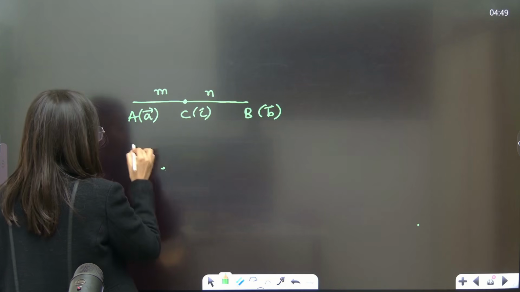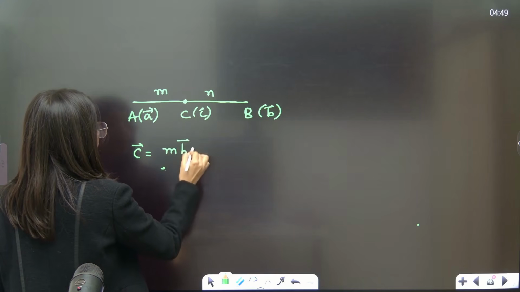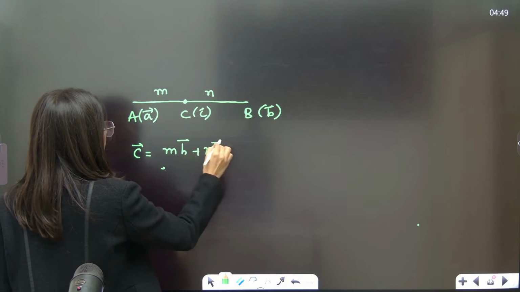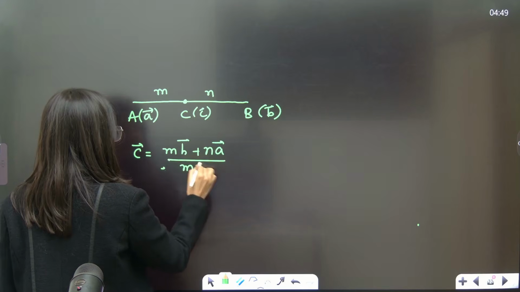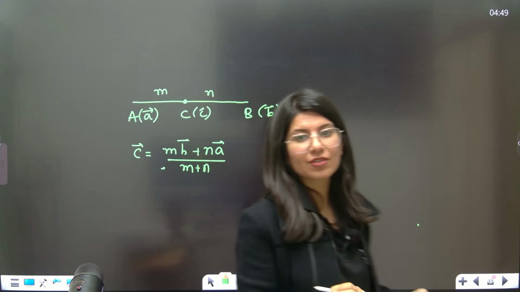And your C vector will be equals to M B vector plus N A vector upon M plus N. Okay, this is your internal division section formula.